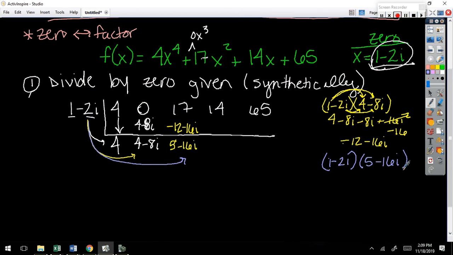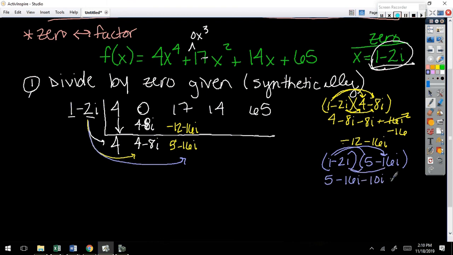I'm going to FOIL out, and I would get 5 minus 16i minus 10i plus 32i squared.